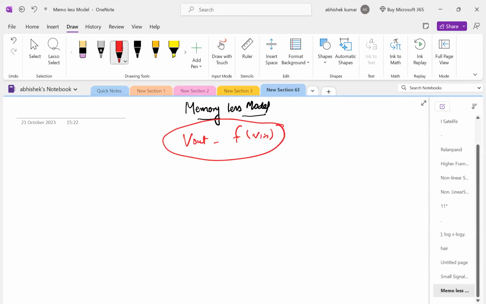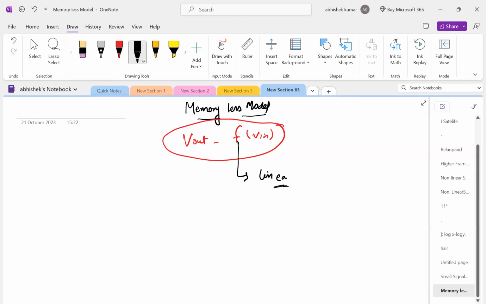That means whatever today's input is, that will give us the output. It does not have any storing element, so it will not give output of the future or of the past. This f function can be linear or non-linear.